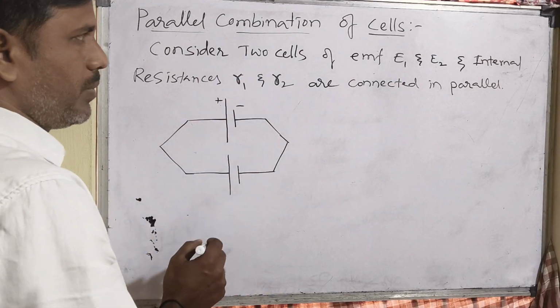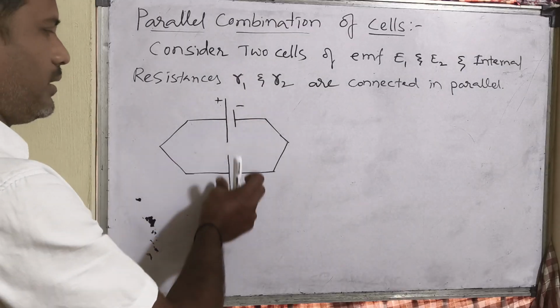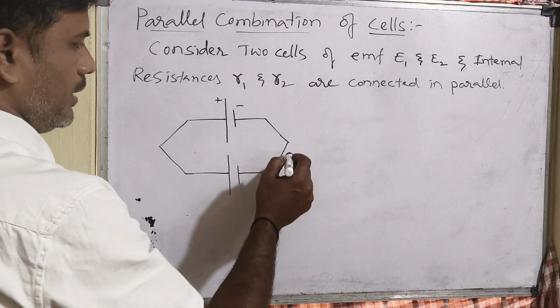This is called a parallel combination of two cells. In this way we can connect any number of cells.